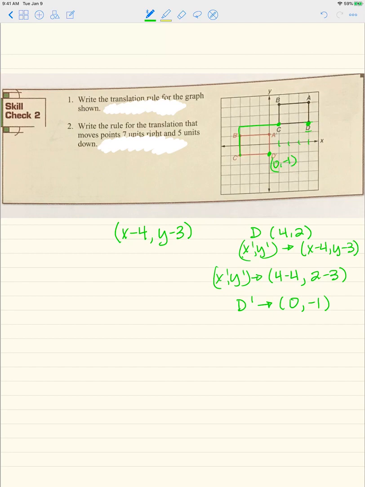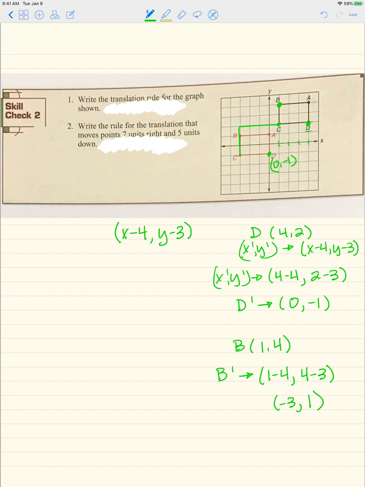Okay, let's check it with B and B prime. B is up there at 1, 1, 2, 3, 4. So B is 1, 4. So B prime should be at x minus 4, 1 minus 4, and y minus 3, 4 minus 3. 1 minus 4 is -3. 4 minus 3 is 1.